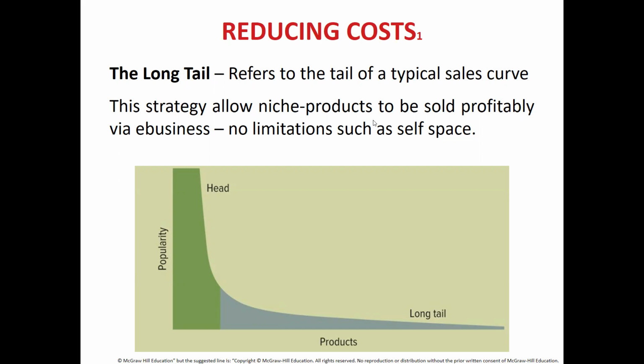A product targeting a specific section of customers to be sold profitably via e-business, overcoming limitations such as shelf space. With e-business, it becomes easy to sell items which are labeled as niche products, and these products will generate more revenue, even if a low number of items are sold.